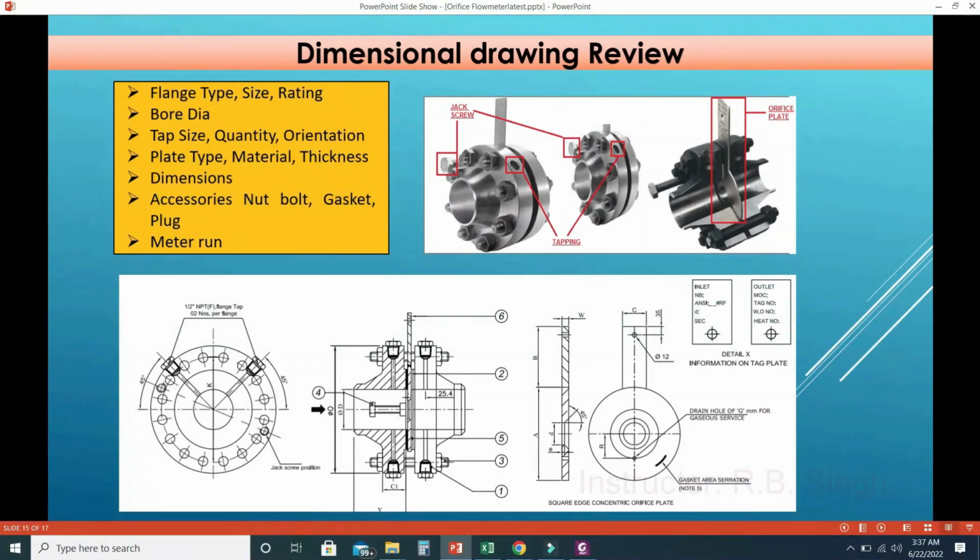These kinds of information can be mentioned on the handle, and wherever this information is mentioned, that will be the upstream side. So this is also a point of taking care. These information we have to check during the drawing review.